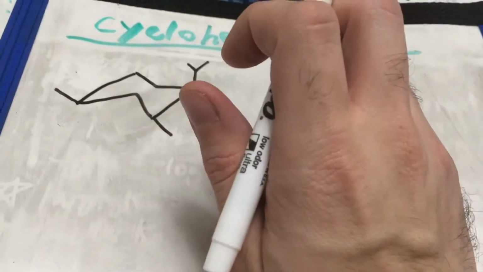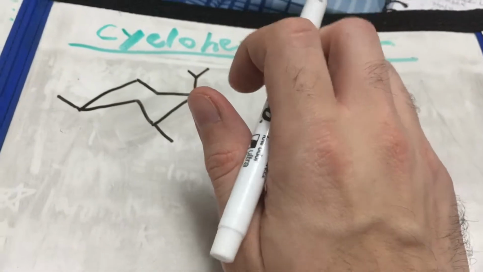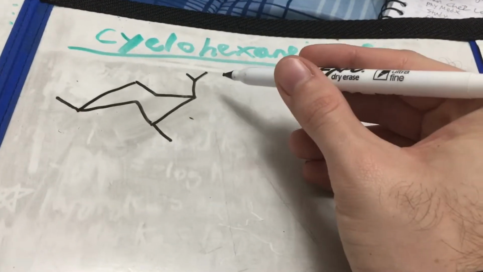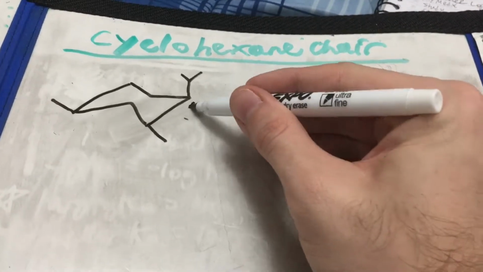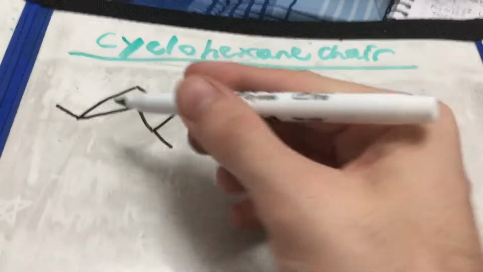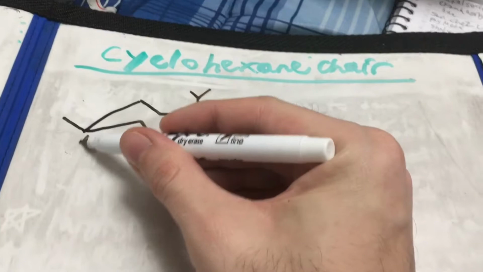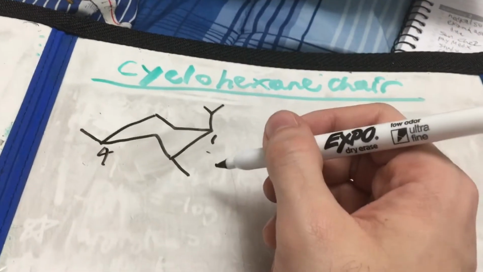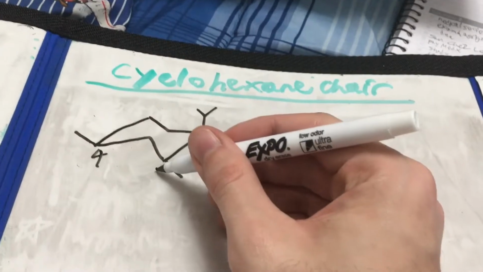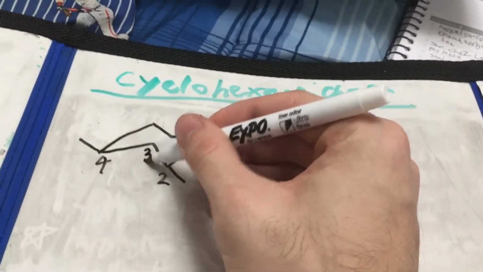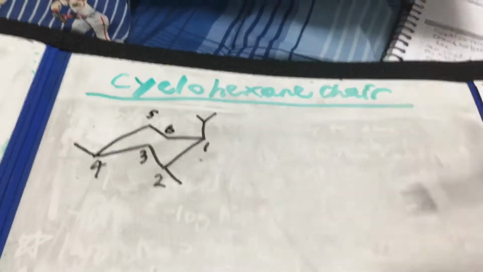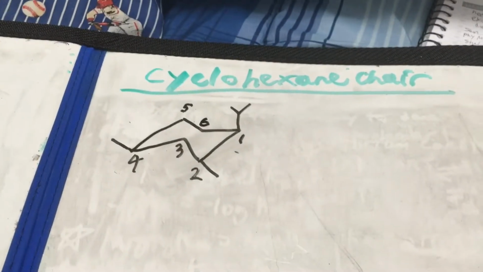But a good tip to remain consistent all the time: the one that has the tip up, put that one 1, and the one that has the tip down, put that one 4, and then the rest you do clockwise: 2, 3, 4, 5, 6. All right, so you got 1, 2, 3, 4.